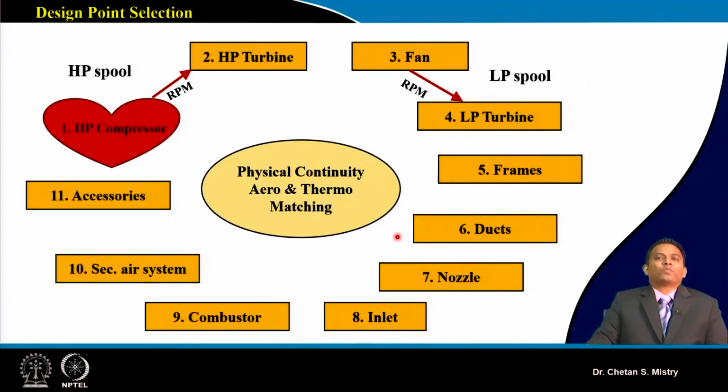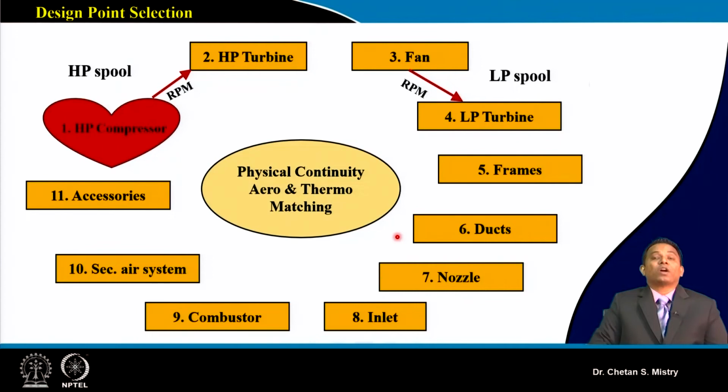Now here this is our expectation, what we are looking for. If you look at the most challenging part of the development of an engine, it is the design of your HP compressor, because that is the heart of the engine. The group of people involved with HP compressor design, once they finalize their geometry, everyone needs to appreciate that part.